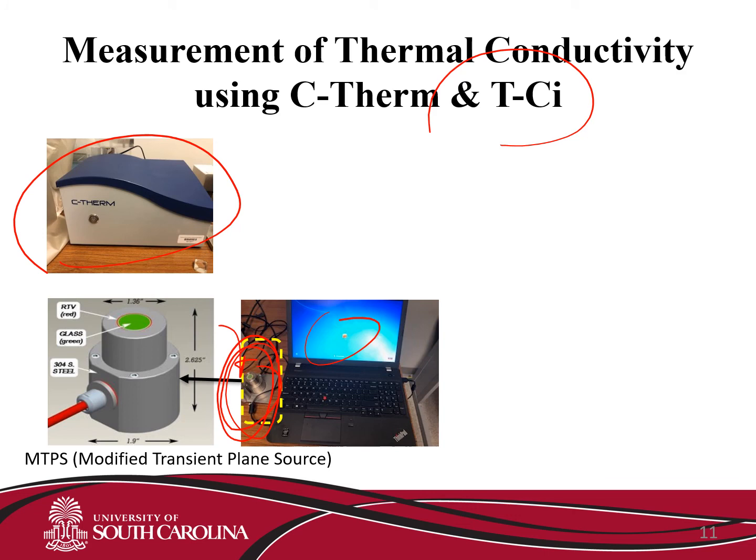C-Therm is an additional laboratory apparatus available for thermal conductivity measurement. It is deemed faster, but perhaps less accurate. We don't know; you need to find out. When you calculate the thermal conductivity, you need to write why you got this result. Compare this result with the result that you got from Google.